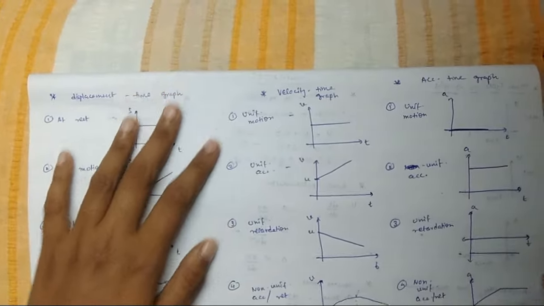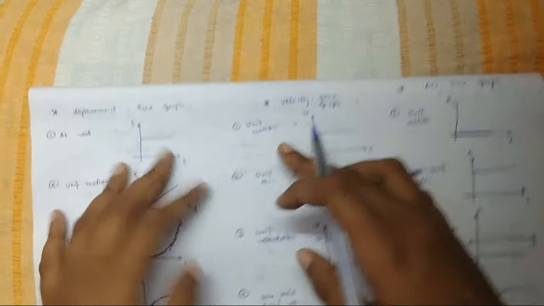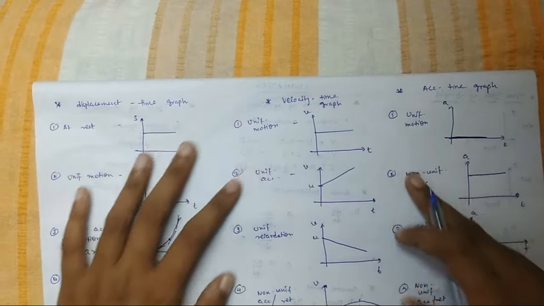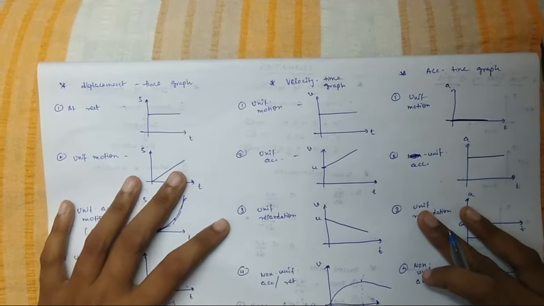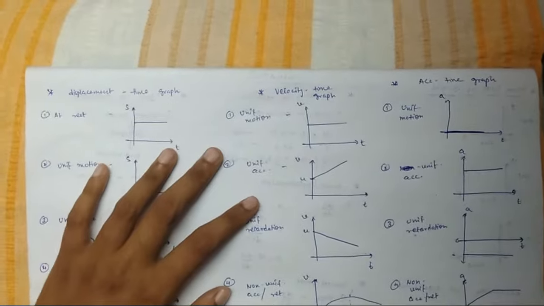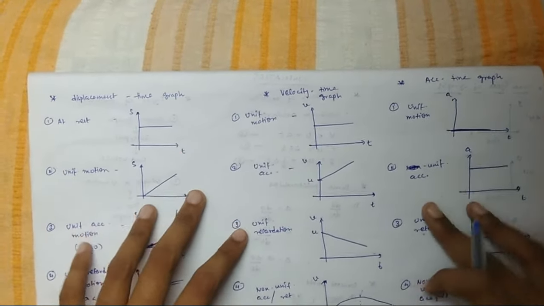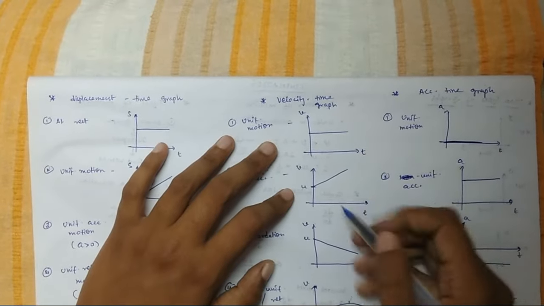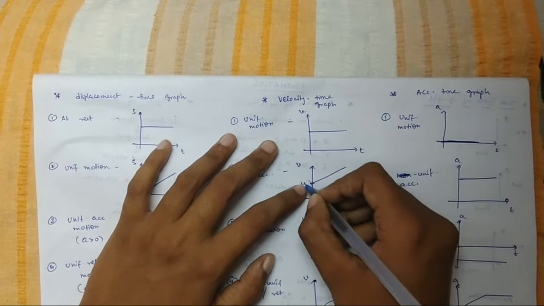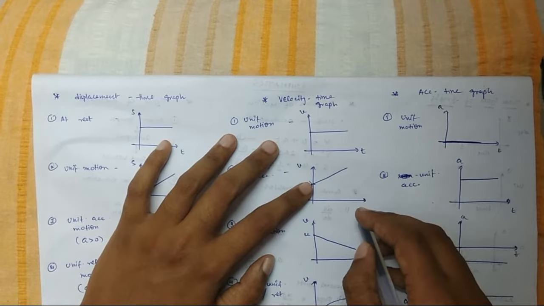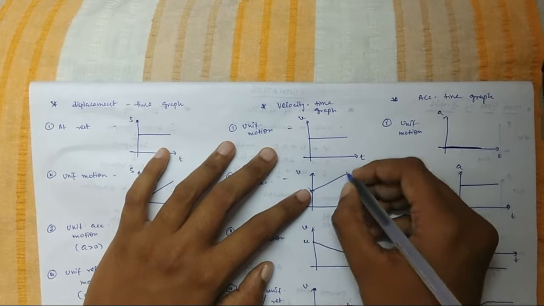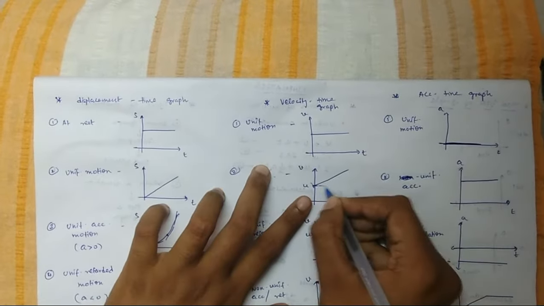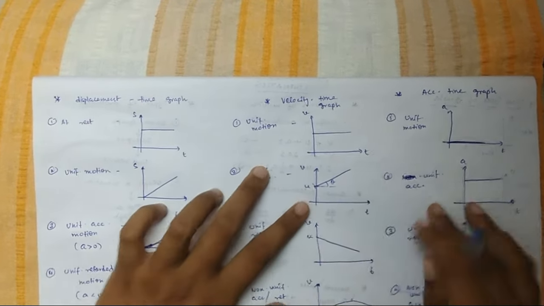Now coming to the velocity time graph, for uniform motion, that's a constant velocity motion, you have a plot like this, a horizontal line parallel to the x-axis. For a uniformly accelerated motion, you can observe a graph like this. Here u is the initial velocity, and with increase in time, you can see a steady increase in the velocity. Here the slope gives the acceleration.